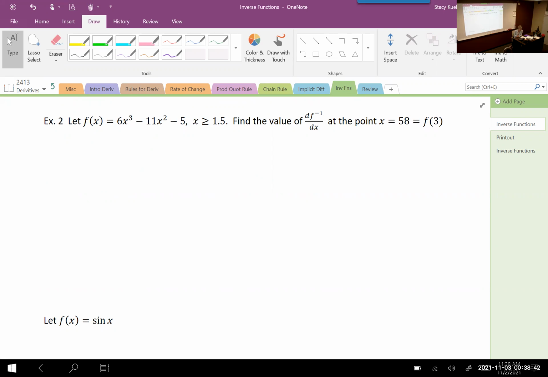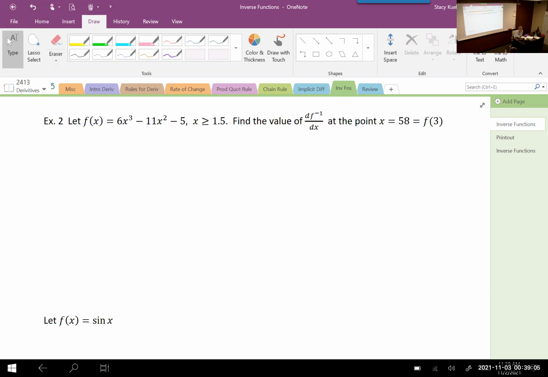So this says that we're going to let f be defined by this third degree polynomial. I want to know what the value is of the derivative of its inverse when x is equal to 58.